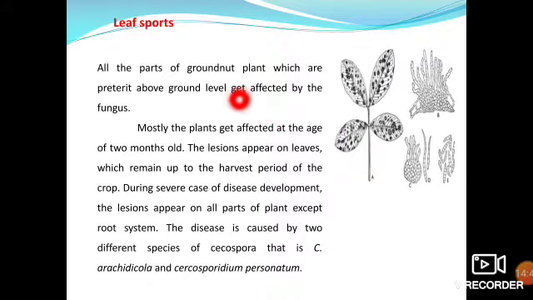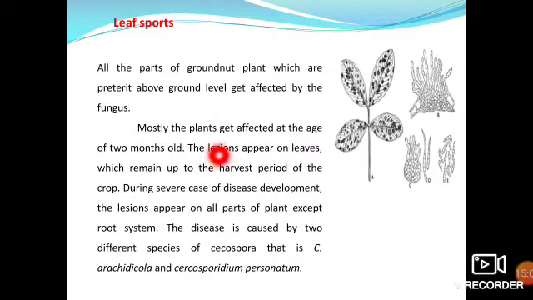They cause the leaf spot disease in groundnut, which is botanically known as Arachis hypogaea. Actually, it is an economically important crop. In leaf spot disease, all the parts of the plant which are above the ground level get attacked by the fungus.